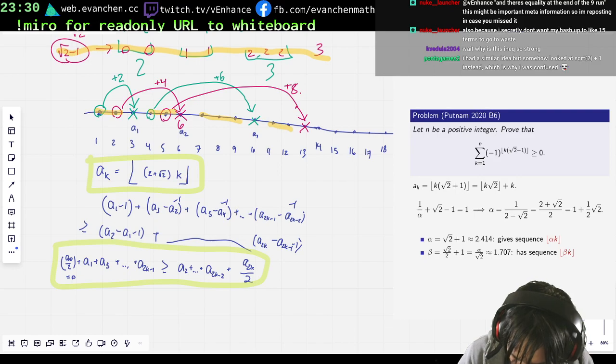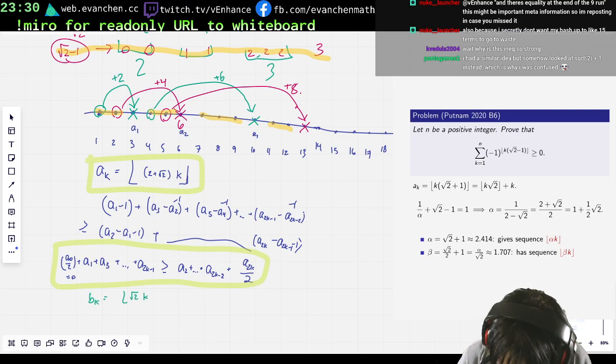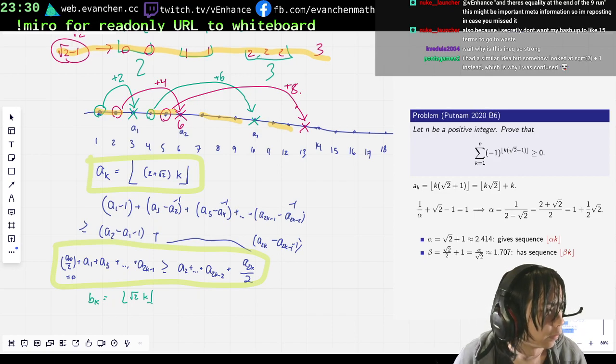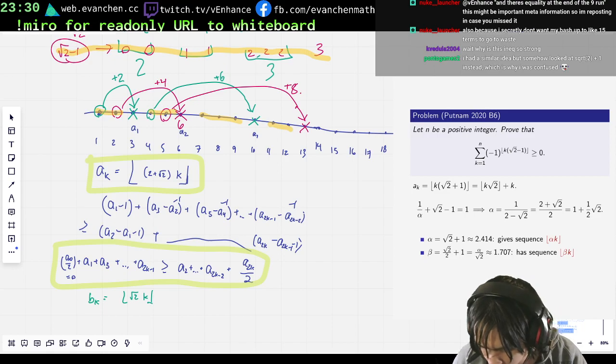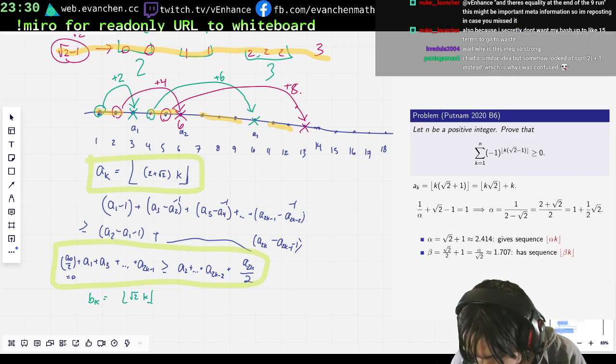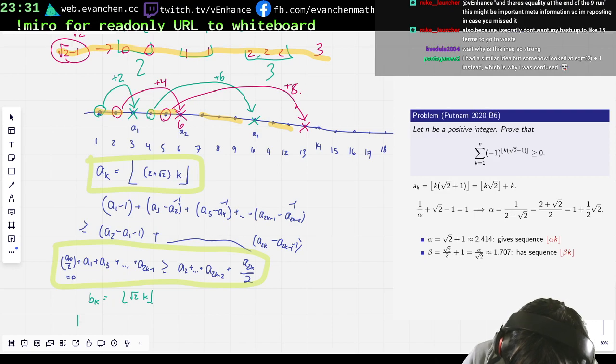So if I let bk just equal square root 2k, and I remove the 2's, the left hand side has like the sum from 1 through 2k minus 1, the other side has... yeah, we can take out the 2 plus, I guess. And now it looks like this.